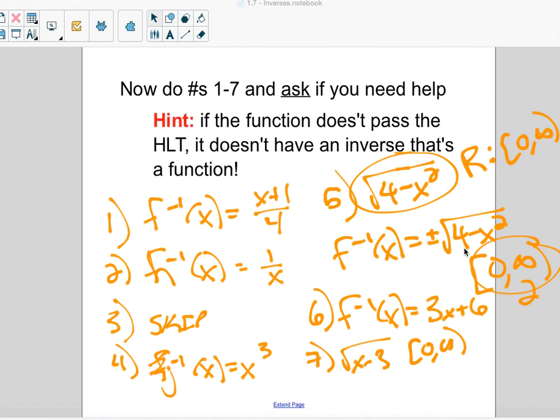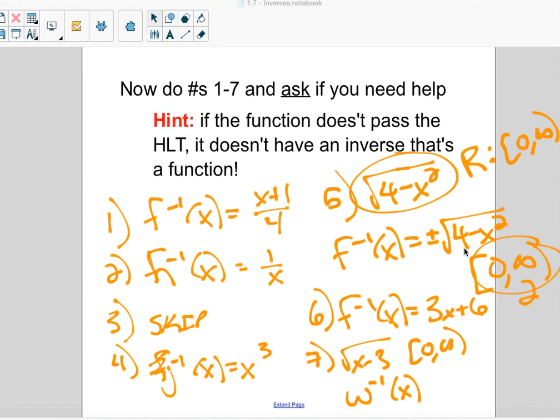Now when you did the inverse, you should have gotten w inverse of x would equal x squared plus 3, which is great, but this is a full parabola. The original is only half of a sideways parabola. That's just the shape of a square root. So again, you just need to make sure that you restrict the domain of this parabola to only 0 to infinity so it matches the range of the original.